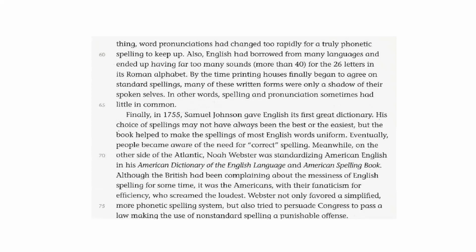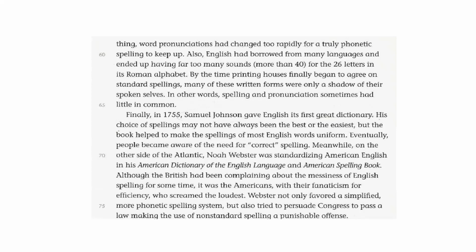Meanwhile, on the other side of the Atlantic, Noah Webster, I'm sure you're familiar with that. I was, as a kid, the Webster Dictionary, was standardizing American English in his American Dictionary of the English Language and American Spelling Book.